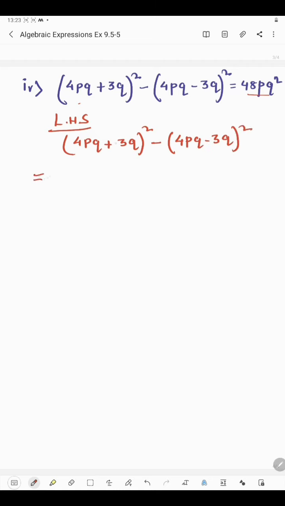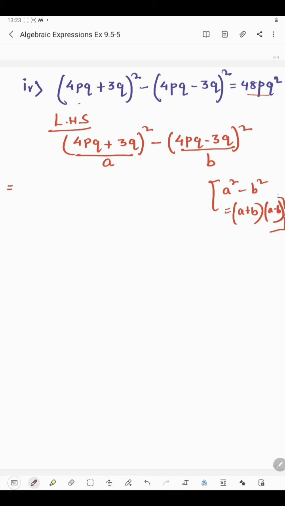Now here we can see that in between these two terms minus sign is present, and just now like in the previous question we have solved this type of question, that when in between minus sign is there, then we'll consider this whole expression as a and this whole expression as b. So this is a square minus b square identity, which is (a + b)(a − b).